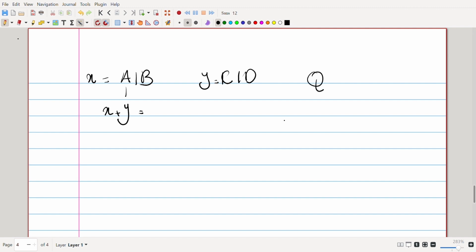We have to define it all over. Like, what does it mean for x to be smaller than y, or x greater than or equal to y?